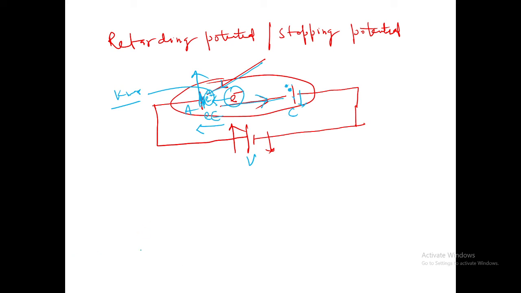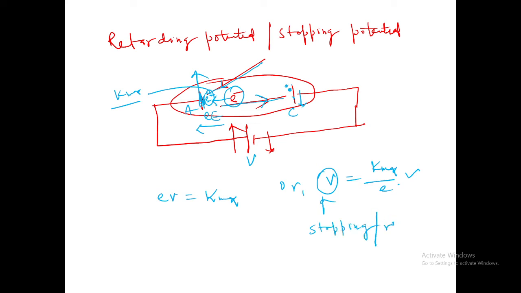So we may write eV is equal to Kmax by the work energy theorem, or V is equal to Kmax upon e, and this is called retarding or stopping potential. This is the formula of stopping potential.